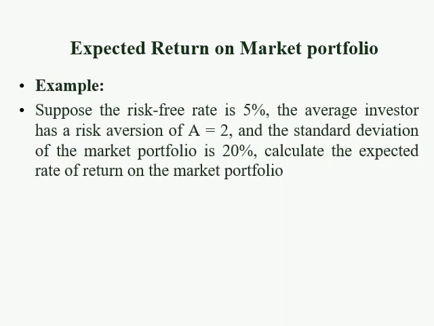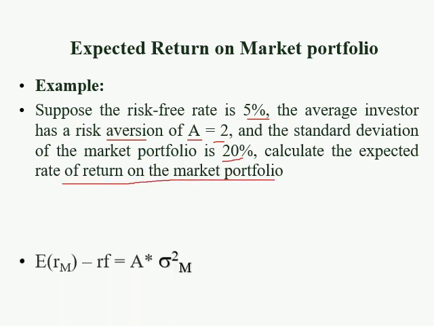Expected return on market portfolio. Example: suppose the risk-free rate is 5%. The average investor has a risk aversion of A equal to 2, and the standard deviation of the market portfolio is 20%. Calculate the expected rate of return on the market portfolio.